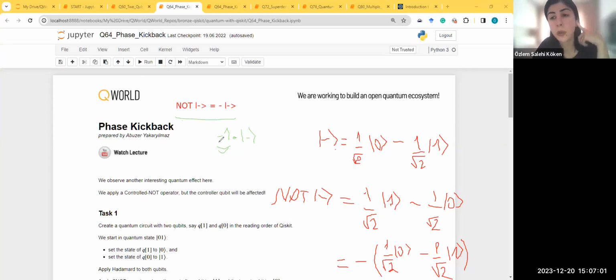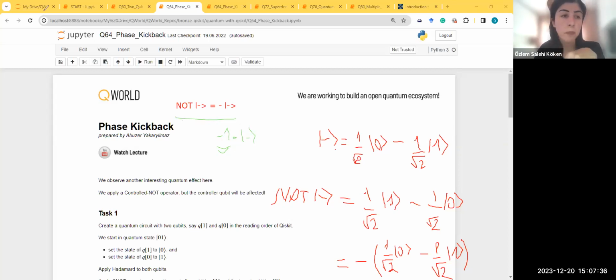And actually this is called the phase. This part is not important if you don't know about it, but if you know about eigenvectors, then you can see that this minus state is an eigenvector of the NOT operator with eigenvalue minus 1. And this is what is happening in this example. If you apply NOT gate on minus state, then you again get the minus state with a minus sign in front. And this is what is called the phase. And this is what kickback means.